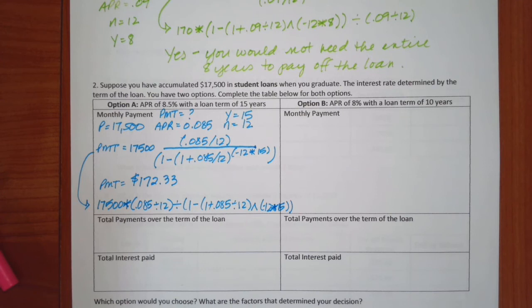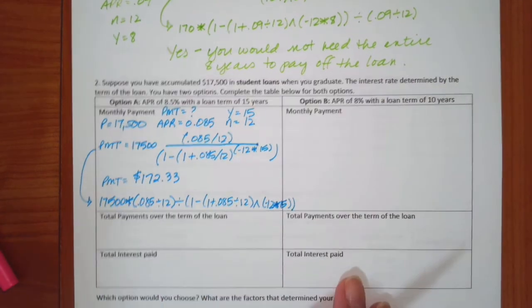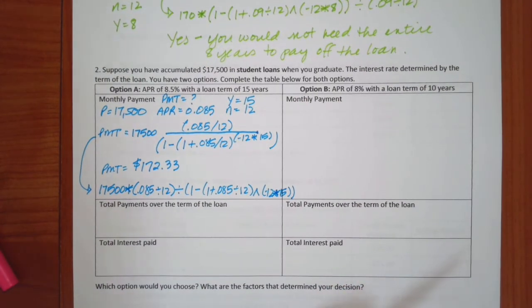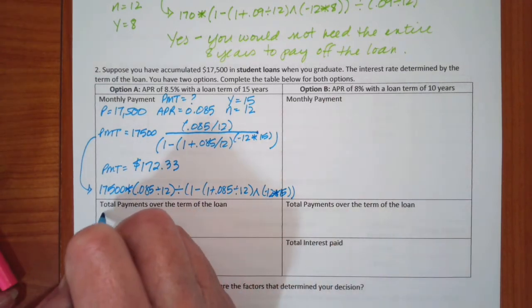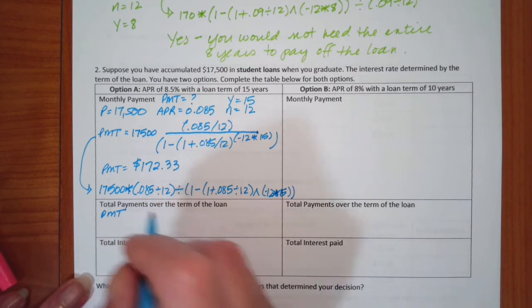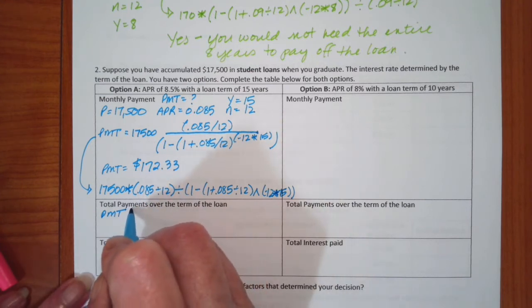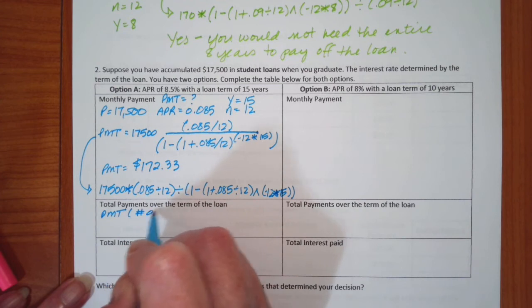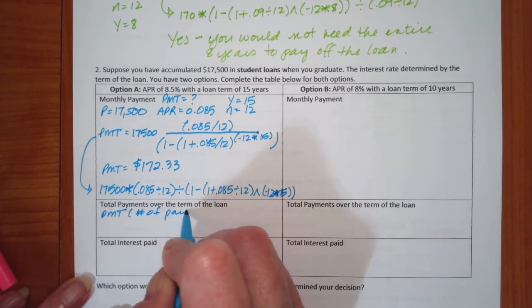Okay. Well, I'm going to do this one, and I'm hopeful you will do this one on your own and then compare them. Okay, over the term of the loan, the total payments would be the payment times the number of payments.